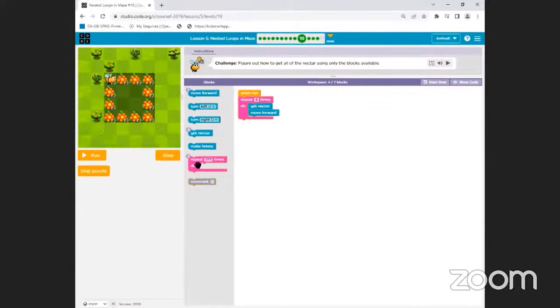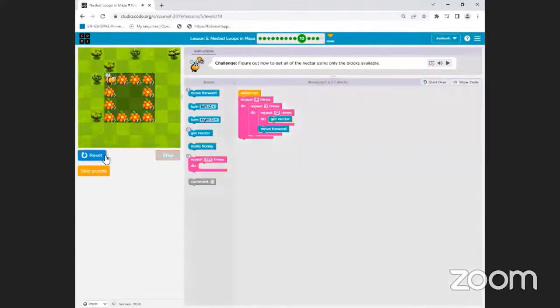Actually, it's supposed to be 4 times there. I can set this to 12 for the get nectar. Move forward, and then when I have that, if I then put it in there, and let's see what that does.